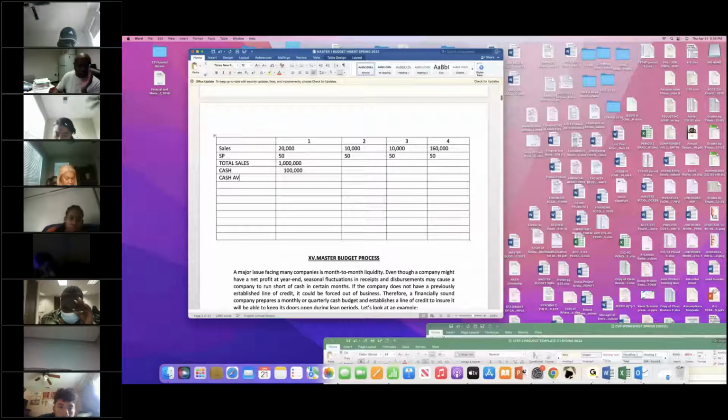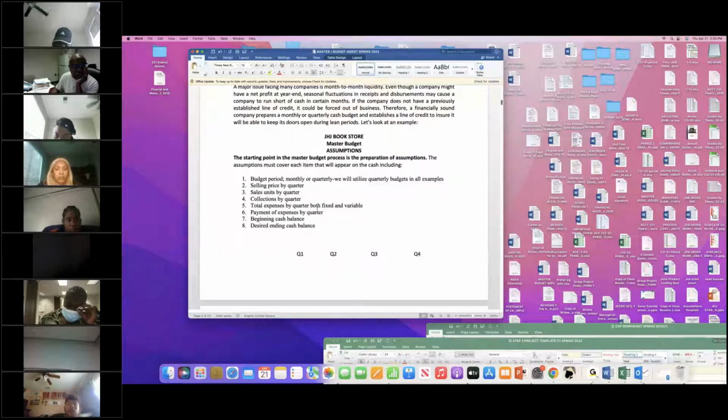Okay, what do we have to pay? What do our disbursements need to be? If we sell 1,000 books, we got to buy them for $20 each.